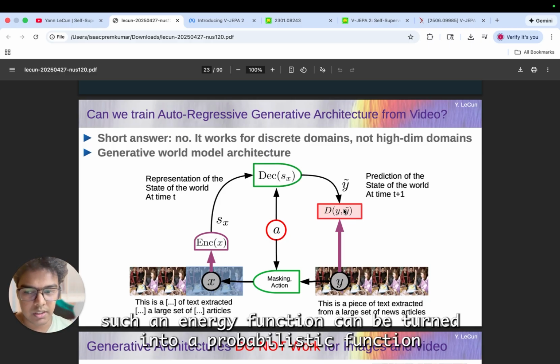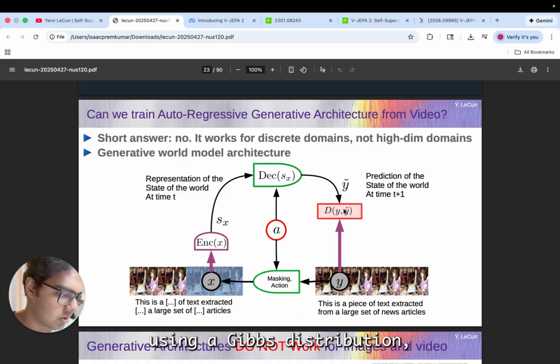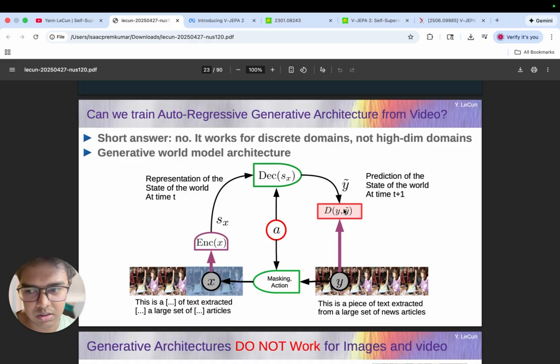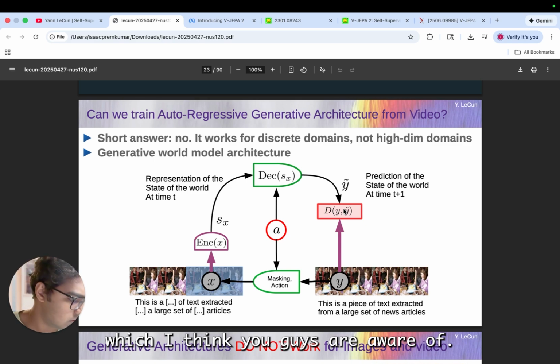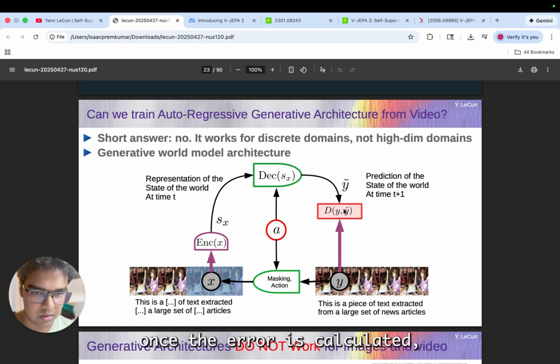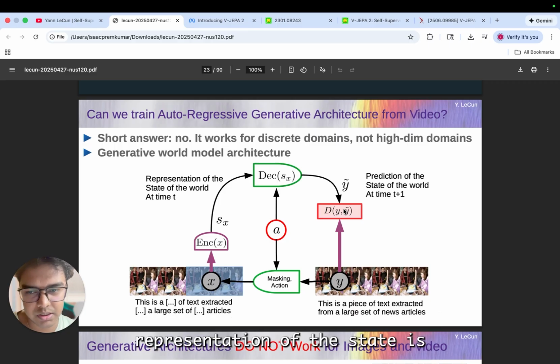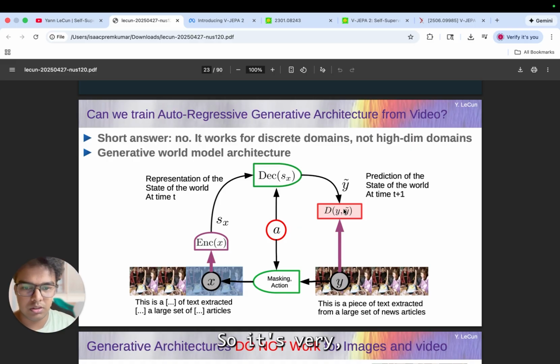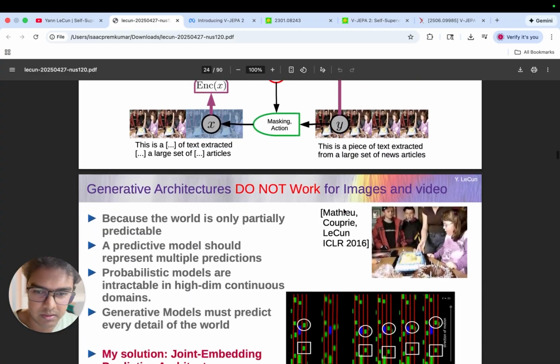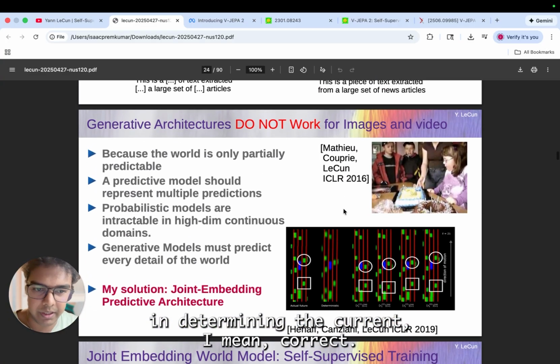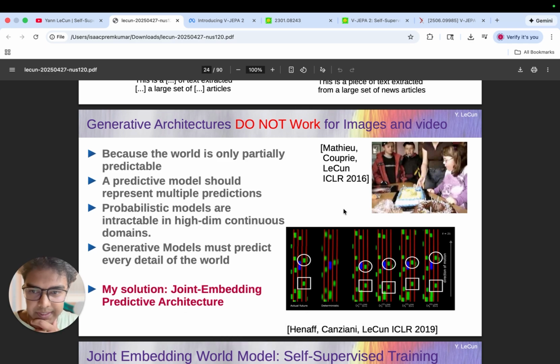Such an energy function can be turned into a probabilistic function using a Gibbs distribution, which I think you guys are aware of. And then once the error is calculated, we make sure the energy is maximized, or the cost function is maximized, so that the current representation of the state is used to determine the outcome. So it's very useful in determining the correct state.